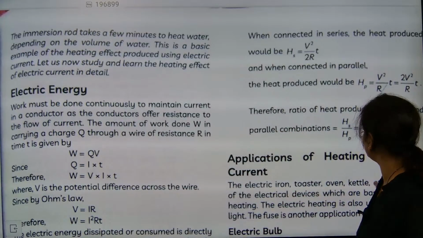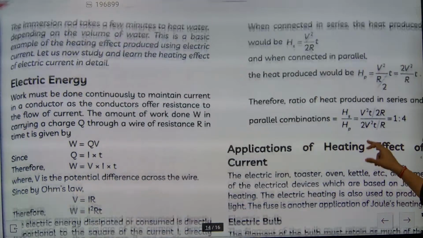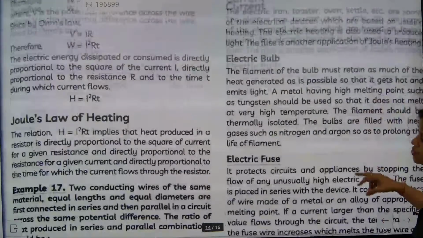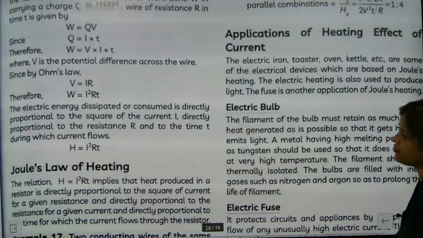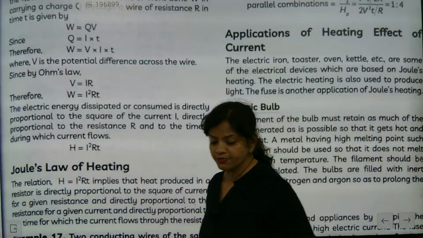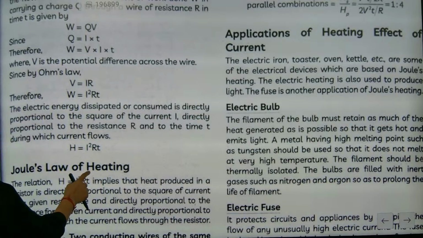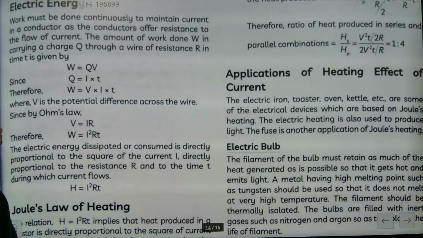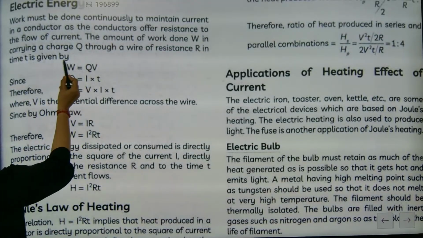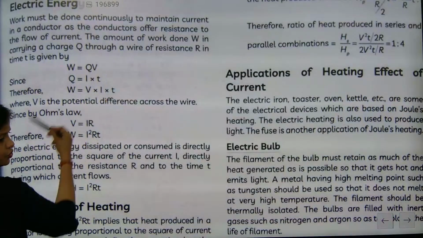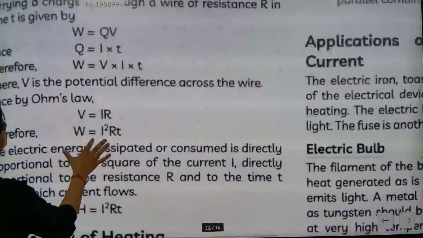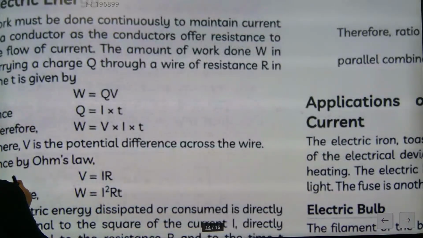Understood? So with these two or three formulas we have generated, beta. Also H is equal to I square R, we have already studied that part. V is equal to IR, we know that Ohm's law. See, work done is equal to charge into potential difference. So these are the formulas which we need to remember.